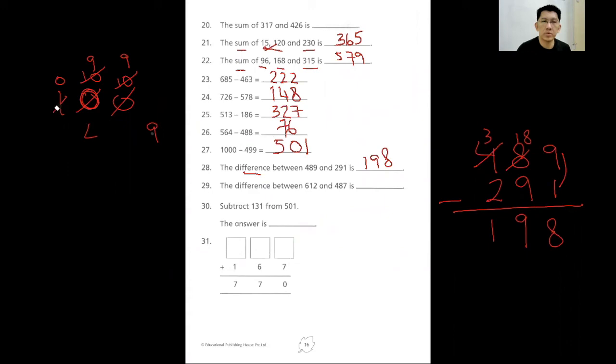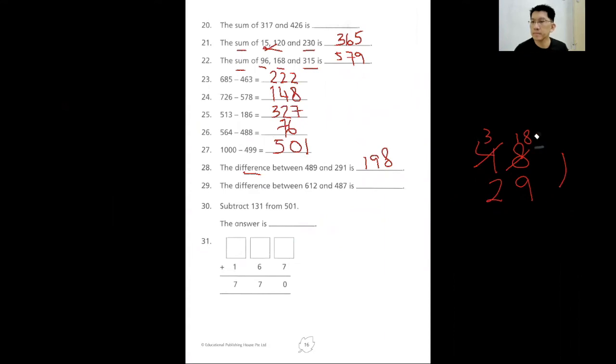So soon we're moving on to number 29. Let's get ready. Okay, are you ready? Number 29. So the difference between 612 and 487 is, so this question is exactly the same like 28, only the numbers are different.